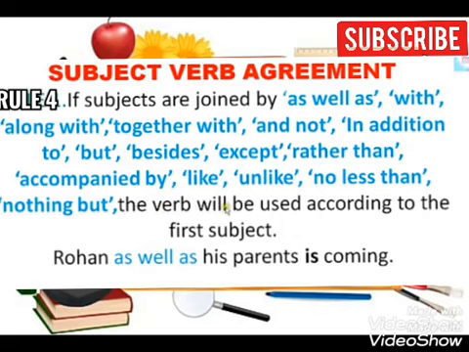Now see the example. Ram as well as his parents is coming. Here the first subject is Ram and the other subject is his parents, which is plural, and the first one is singular, but it is joined by as well as. That is why, according to the rule, we have used a singular verb according to the first subject.